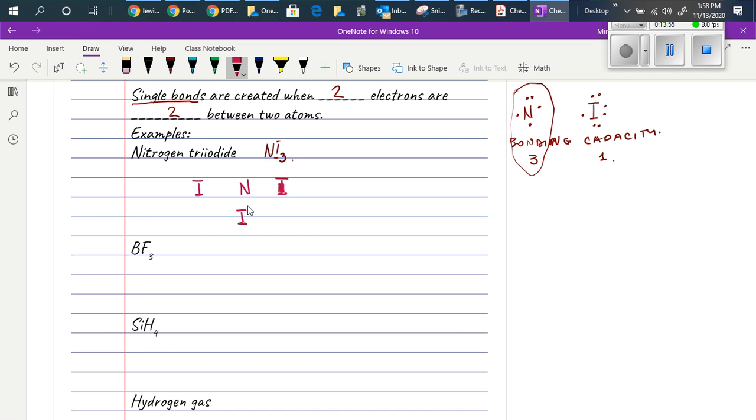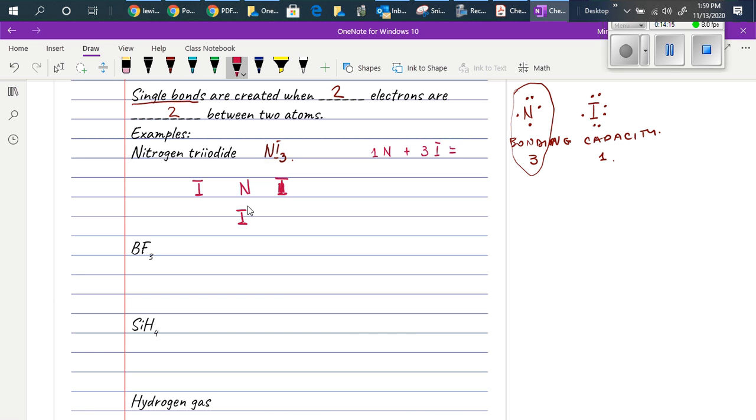Now let's start counting the total number of electrons in the outer shell, or the valence shell, for this compound. So we have 1 nitrogen and we have 3 iodines.